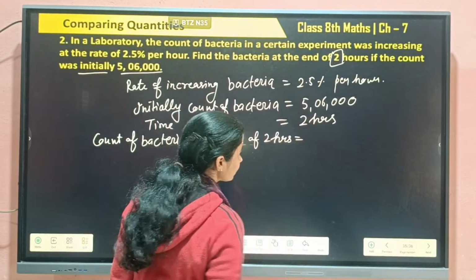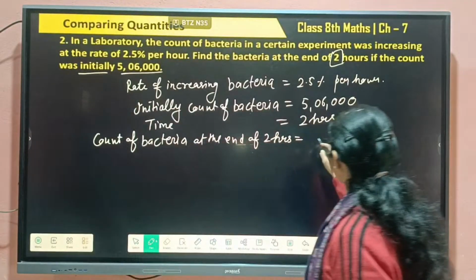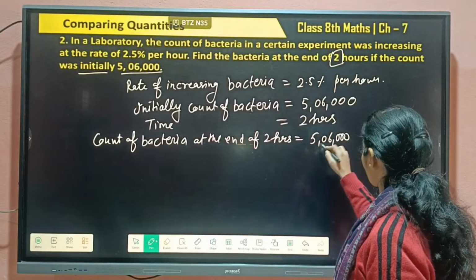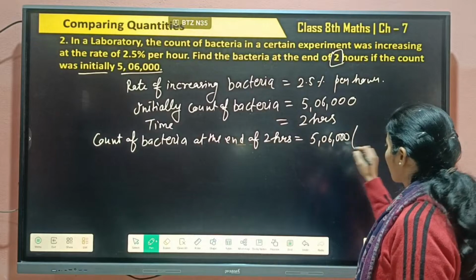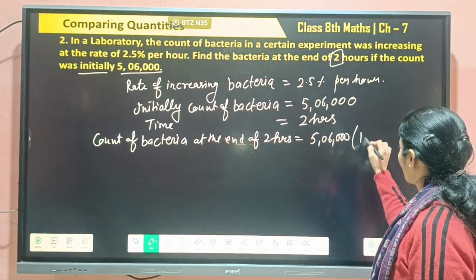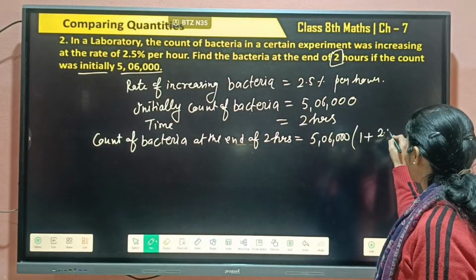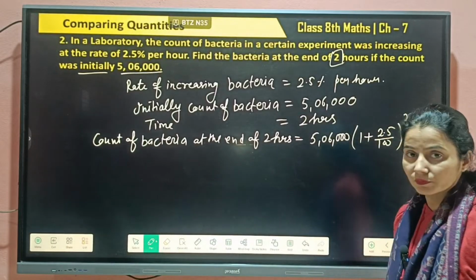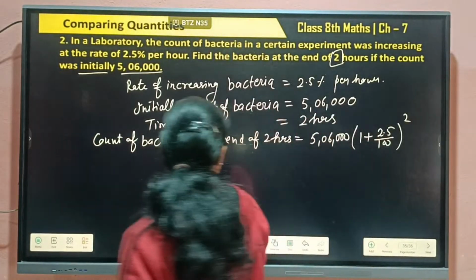The count of bacteria in the starting acts as the principal. 1 plus R, which is 2.5 by 100, and the power is 2.